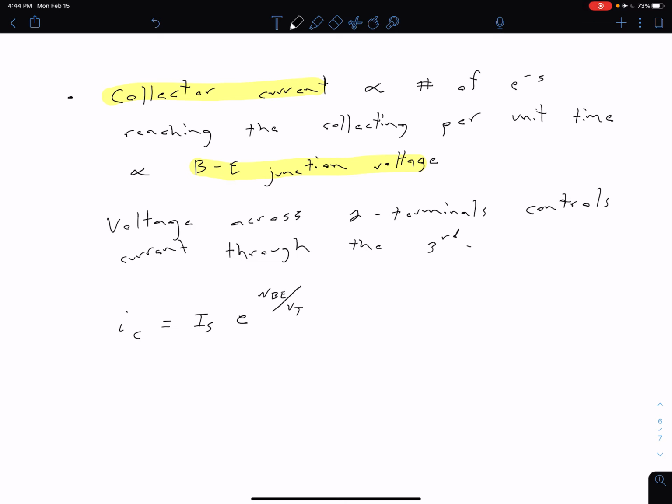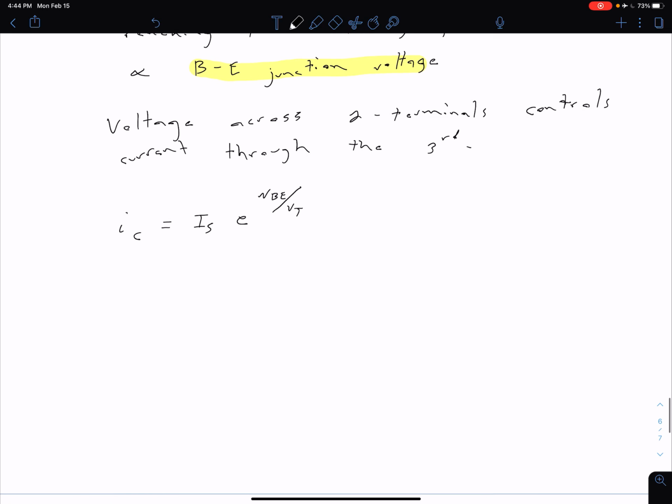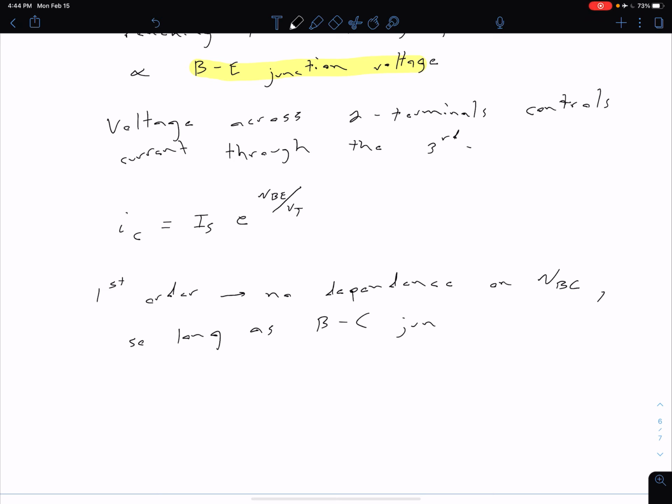Notice that, to a first approximation, there's no dependence on the base collector voltage, VBC, so long as the BC junction remains reverse biased.